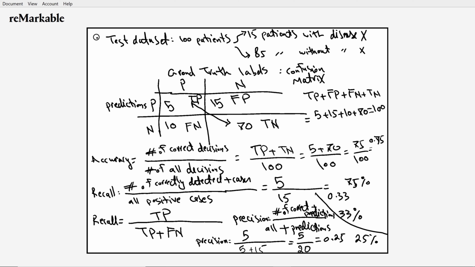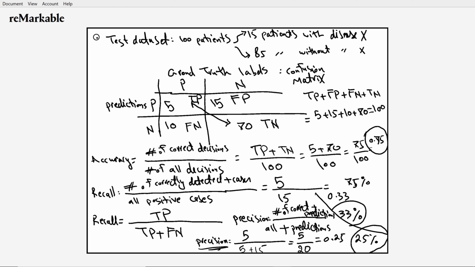If we look at these numbers, now I have an accuracy of 75%, a recall of 33%, and a precision of 25%. And so these three numbers together are going to give the users of your model, or even yourself, a better understanding of the goodness of your model, how well your model is performing.